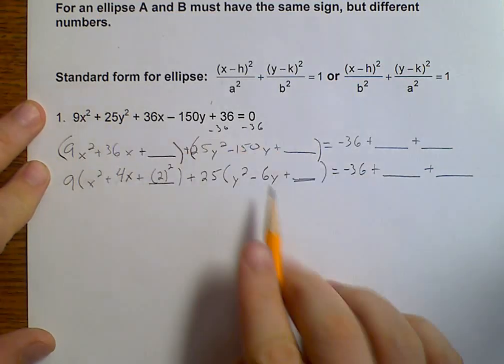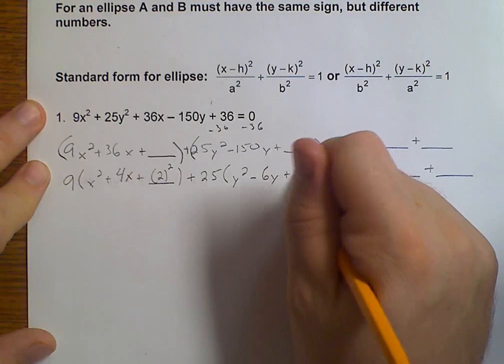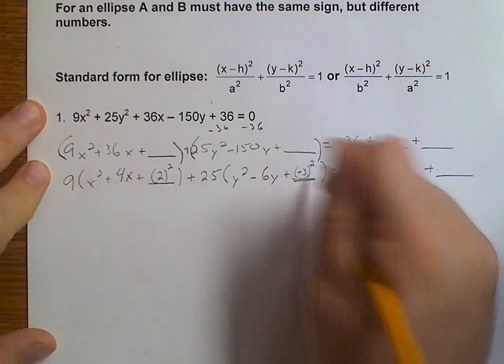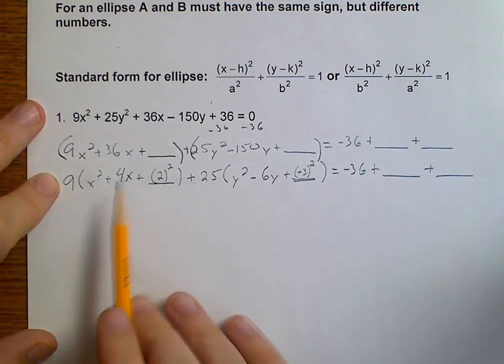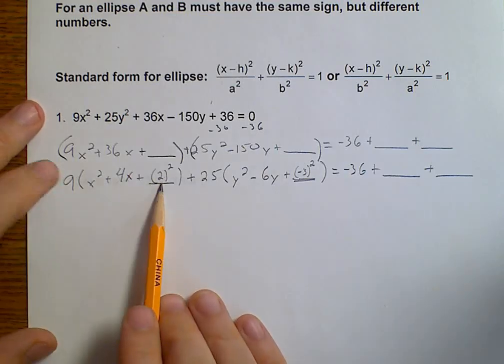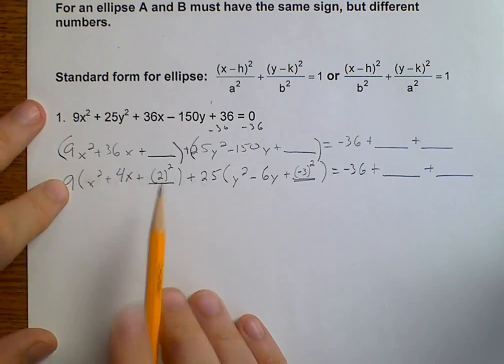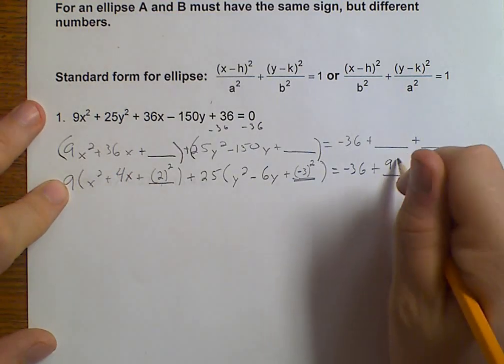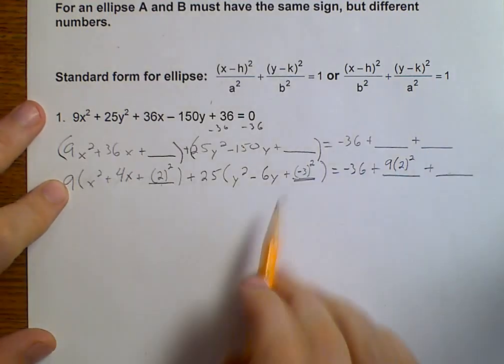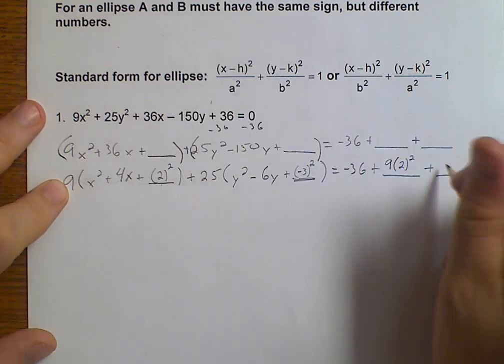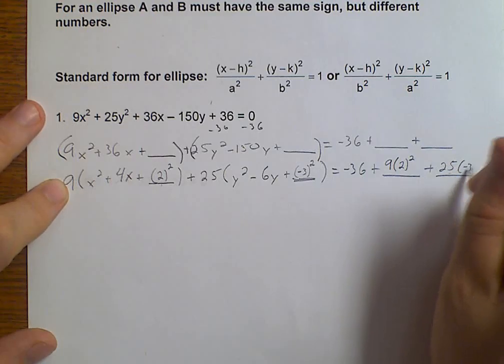Half of negative 6 is negative 3, and so it's going to be negative 3 squared. Now when I move these over here, I have to remember that I'm also going to need to multiply by 9. So this is really 9 times 2 squared. And this one's really 25 times a negative 3 squared.